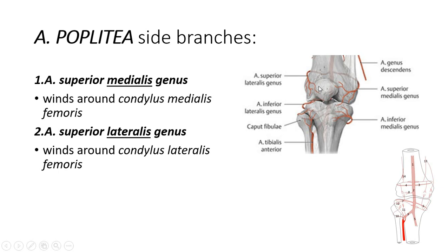So they grab it and participate in the connection. You can see these branches split into smaller and smaller branches to supply and participate in this arterial web formation. Also we have another schematic picture like here, where you can see the medial and lateral superior arteries, arteria superior medialis et lateralis genus.